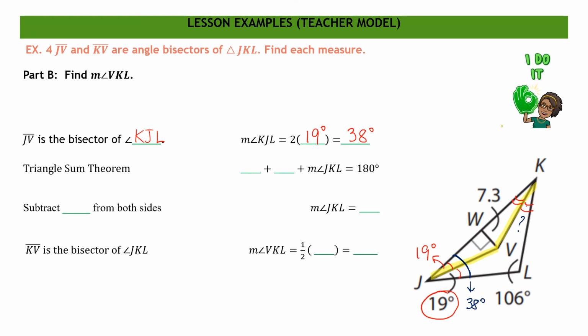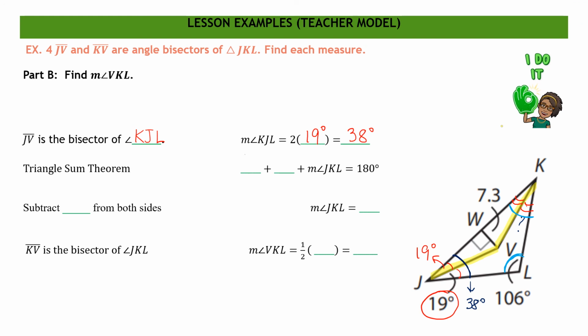So if I know this full angle is 38 degrees, and this full angle right here that has been identified, let's put that in a different color. This angle right here of JLK is 106 degrees. That means I can use the triangle sum theorem to find out the full measure of this last angle here, JKL.